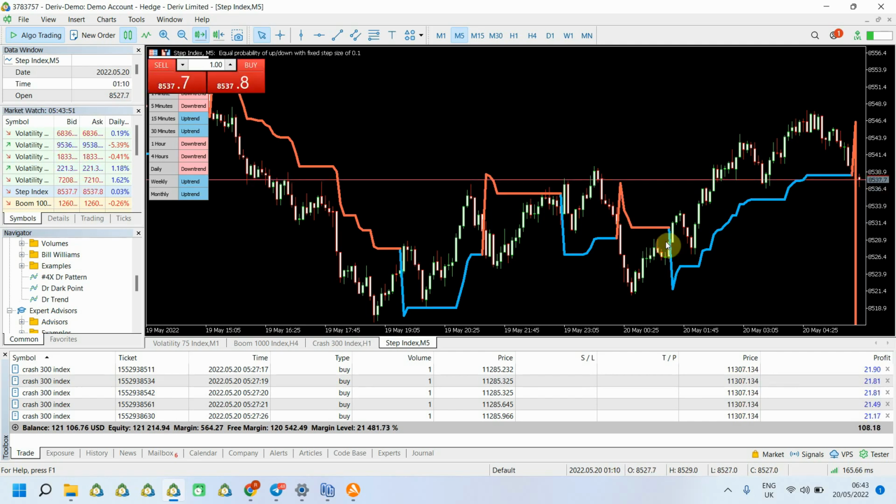Now if the candle is before, we say this is a buy and we need the color to be blue. But for the market to be a sell, the candle is supposed to be behind the line, and the line is supposed to be red.